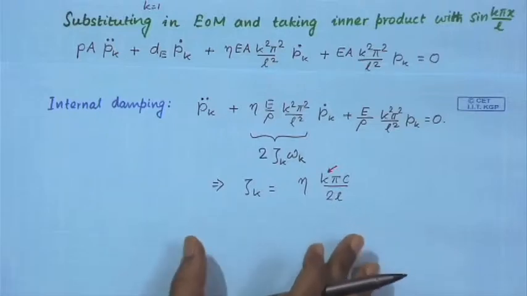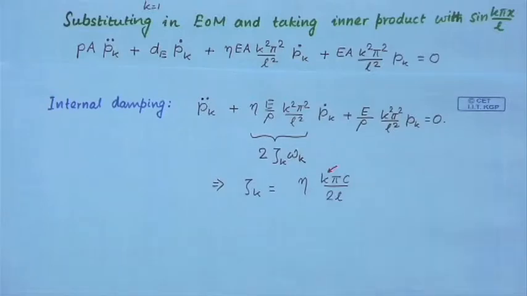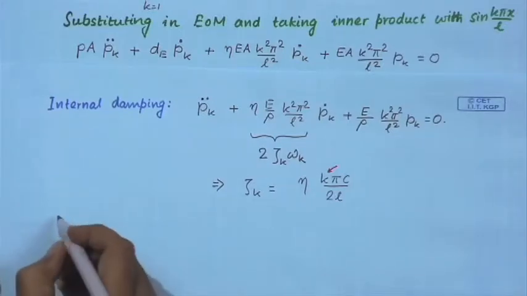So, internal damping is more effective for higher modes, while external damping is more effective for lower modes.